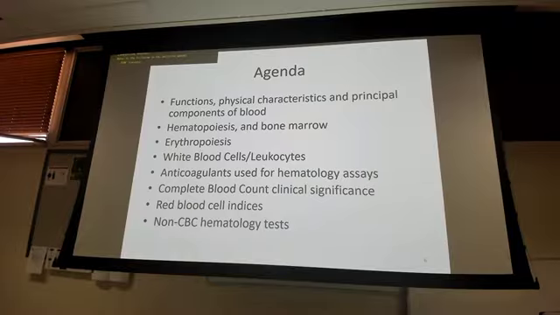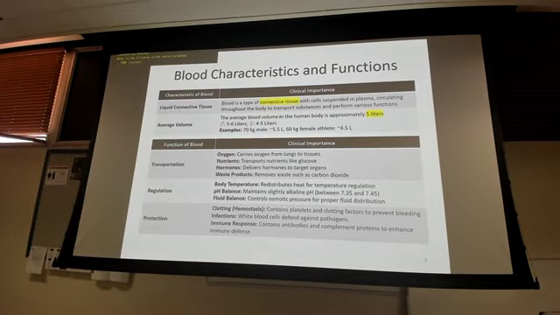This is the agenda. That's on the ELO and TLOs. All right. So characteristics of blood. Remember, we got our liquid. It's liquid connective tissue all over. We have about 5 liters that we carry around with us every single day. Our three most important functions of blood are transportation, regulation, and protection.